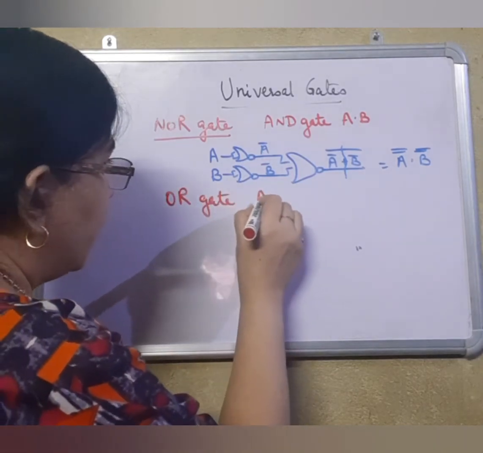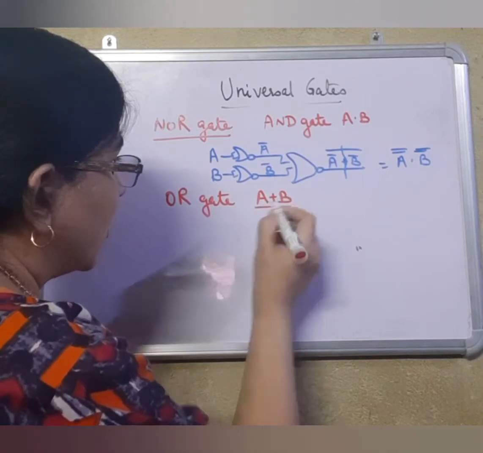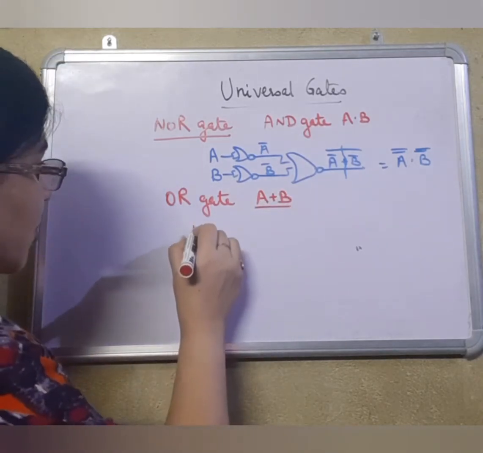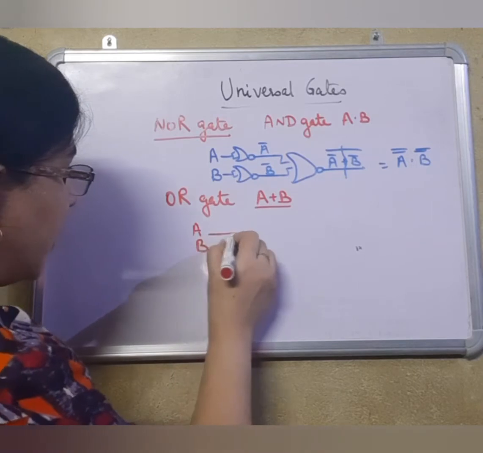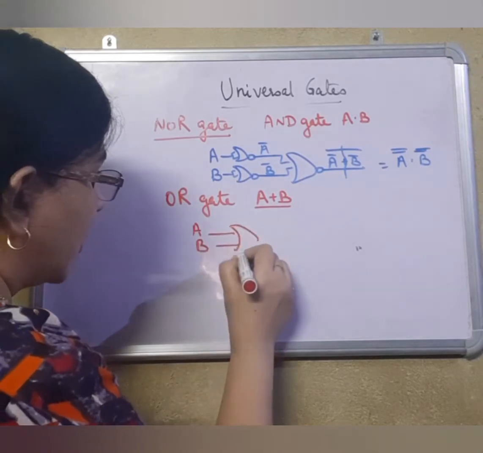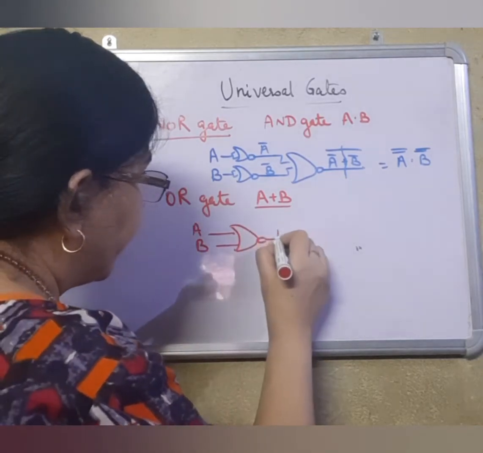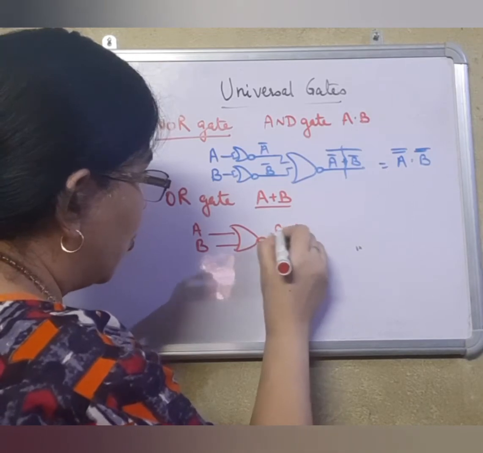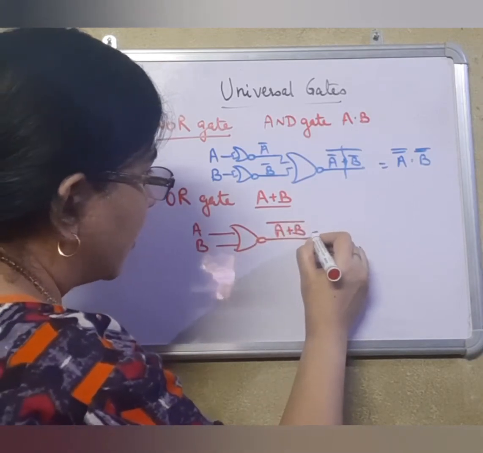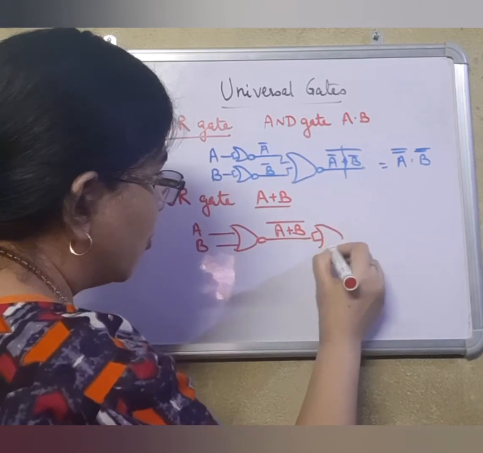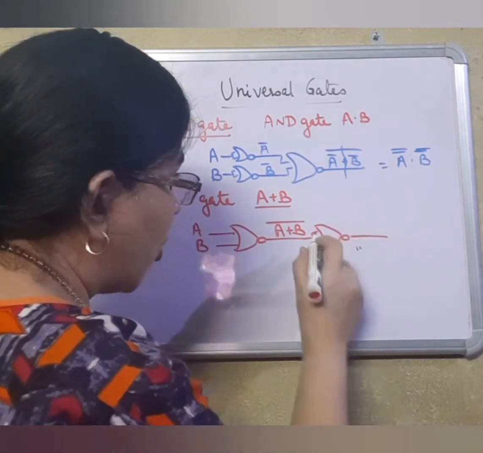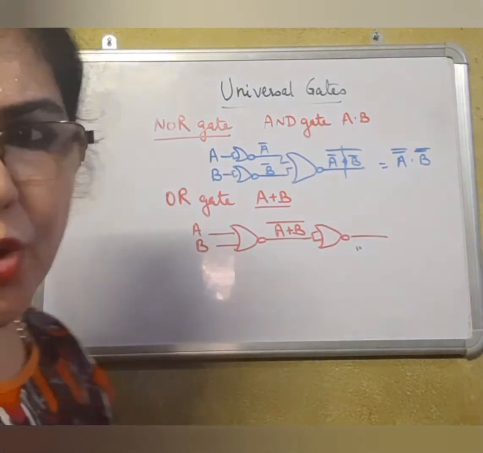That is A plus B using NOR gates. For this, you do not require anything. You will be passing them directly through NOR gates. With A plus B whole bar, we do not require whole bar. So we will be passing them to a separate NOR gate with a box. As I told you, why do we make boxes?